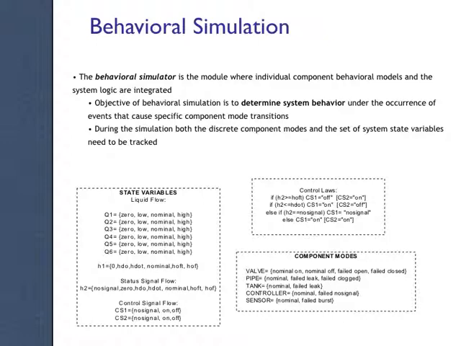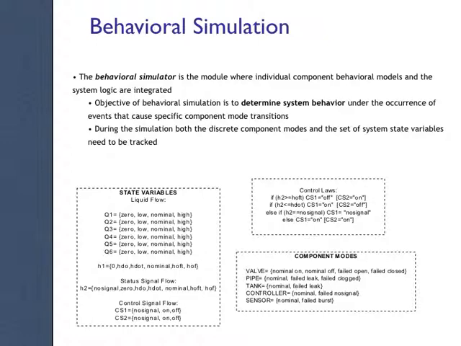So it's essentially taking all the different models previously and making sense out of them. The objective of this element of FFIP, the behavior simulation, is to determine the system behavior under the occurrence of events that cause specific component mode transitions. Okay, so we're looking for failed items. We're looking for failed functions. Okay.